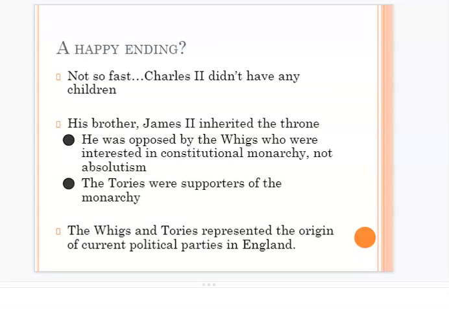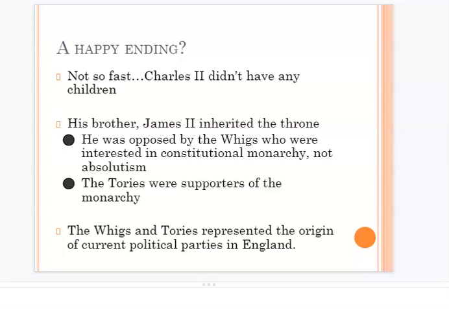However, while I say Charles II, I call him the Merry Monarch because he had lots of children. He had none with his wife. So his brother James II is to inherit the throne. Now, the English don't like Catholics. They don't want a Catholic on the throne.